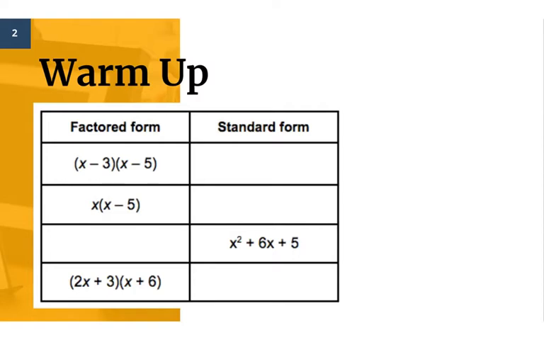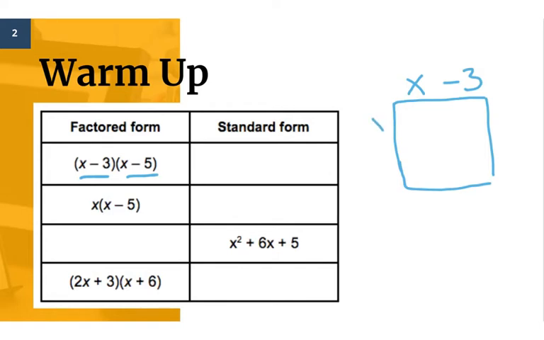So we have factored form, and remember, factors are pieces. It's like taking an expression and breaking it into smaller pieces. So I know that one of the factors is x minus 3 and the other is x minus 5. So if I make my square or rectangle this kind of shape, I know I'm going to have x minus 3 as one of my sides and x minus 5 as the other.